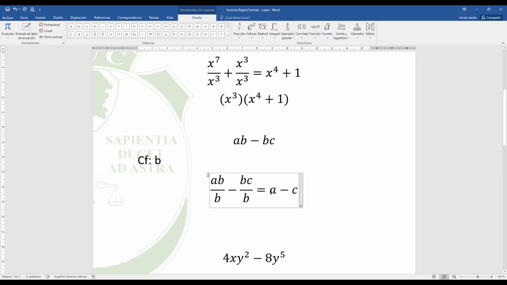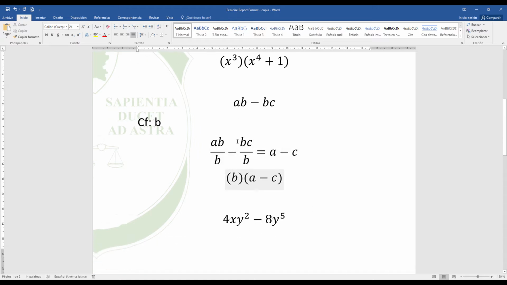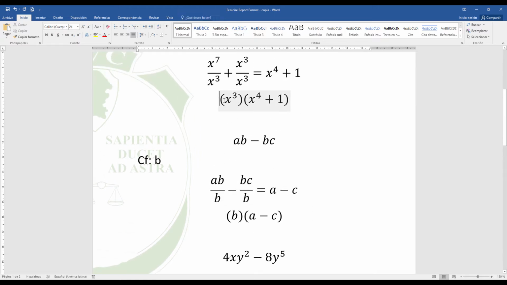Okay, so remember, the factoring of that expression is the result of that division multiplied by the common factor. Okay, so this is the result here.